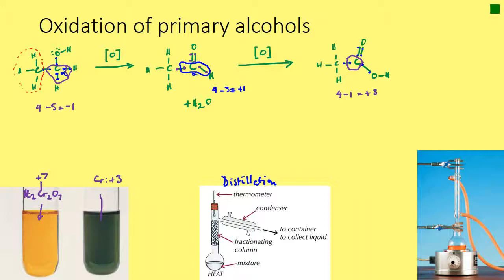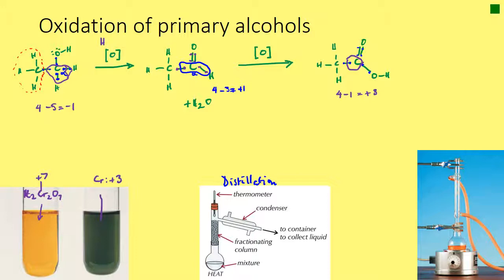We know that oxidation is happening to first the alcohol and then the aldehyde, because although we can't see the color change there from the alcohol to the aldehyde, we can see the color change in what's getting reduced, which is this chromium going from orange to green. You could alternatively use sulfuric acid.